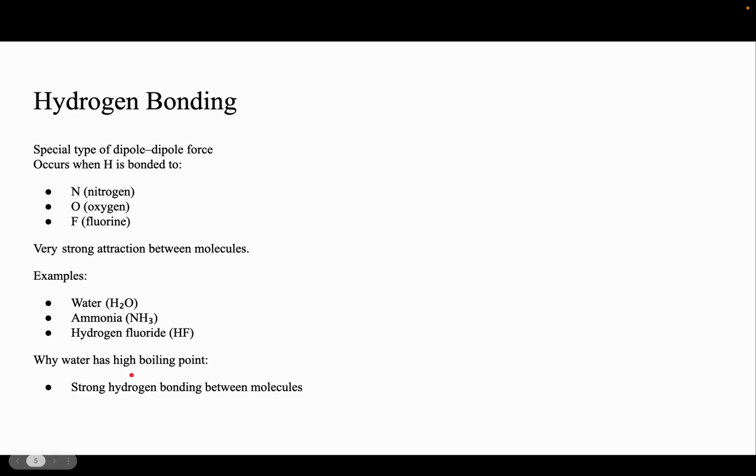Why does water have a high boiling point? Strong hydrogen bonding between molecules. And let me just elaborate on that real quick. Temperature is proportional to kinetic energy. And as temperature increases, there is more energy being transferred into the water.